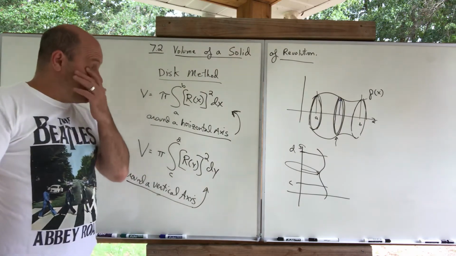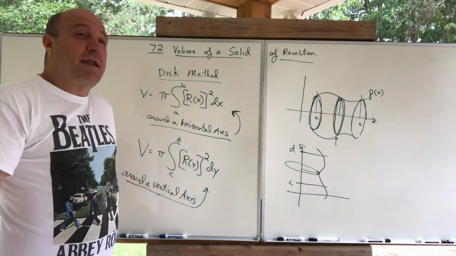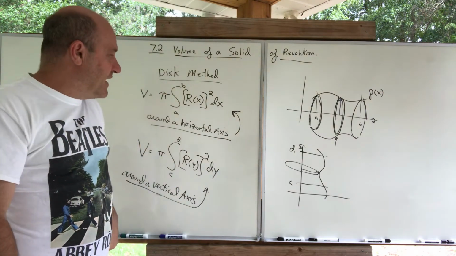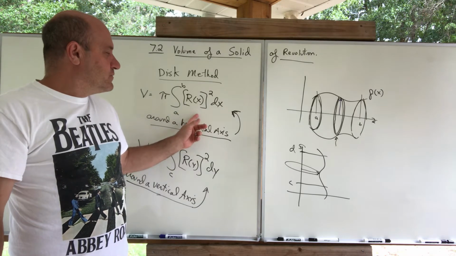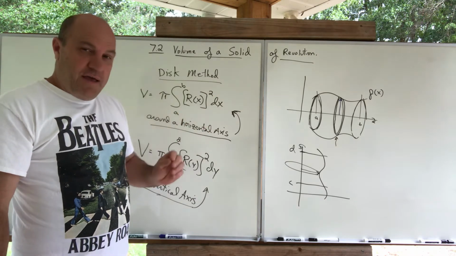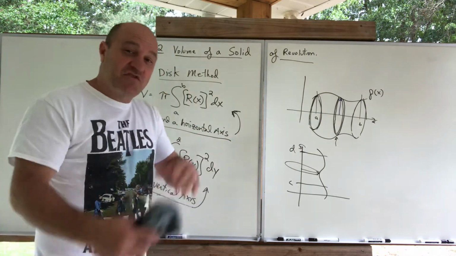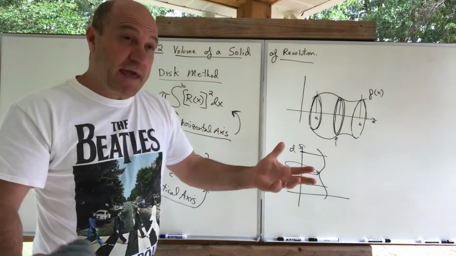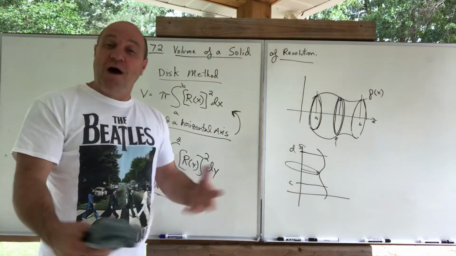We probably should do an example. I want to bring up one thing, and I won't do an example of this. If the disk has a hole in it, there's some volume you want to subtract away, then the book calls it the washer method.